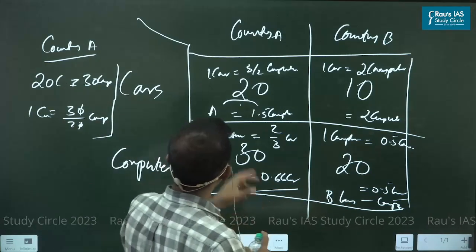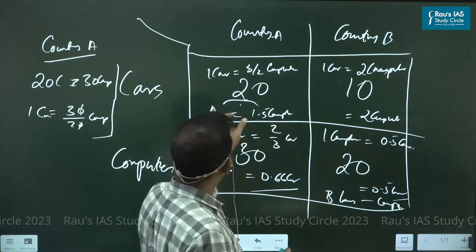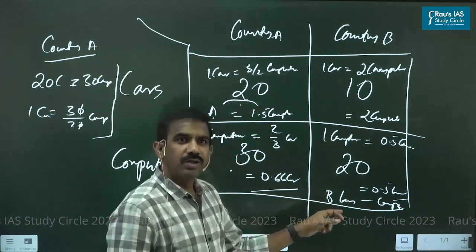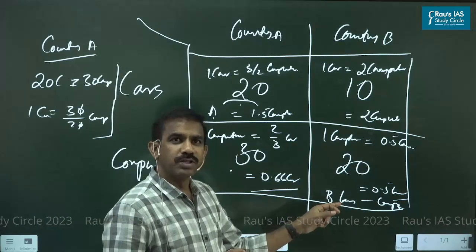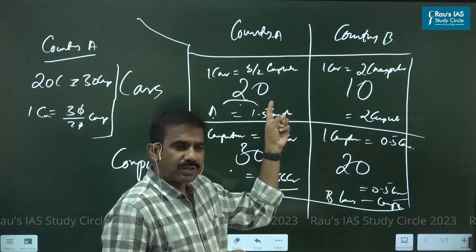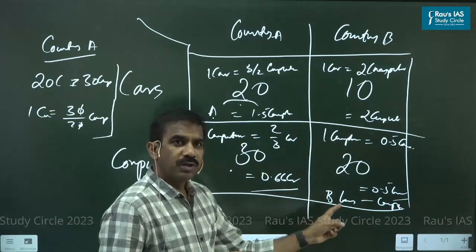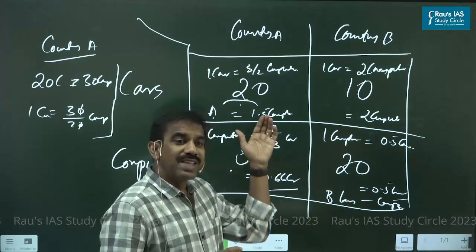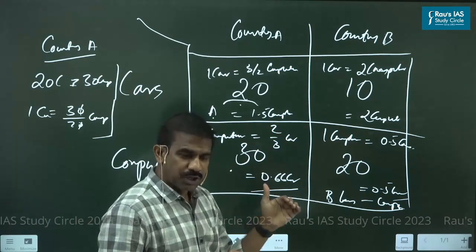A should export a car, isn't it? And B should export a computer. Or rather, A should specialize in producing cars, B should specialize in producing computers. Why is it so? Because A has a less opportunity cost, isn't it?